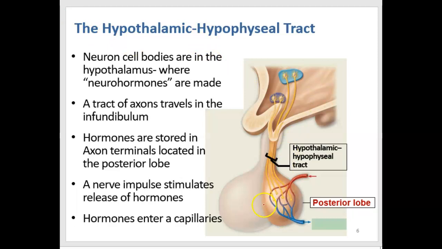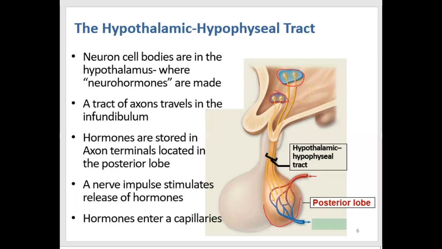Speaking of the posterior lobe down here, I mentioned that there are axon terminals where hormones are stored. Those hormones are actually produced up in the hypothalamus in the neuron cell bodies. So up in the hypothalamus where the neurosomas are, the nucleus with all the other organelles, is where the hormones are made.